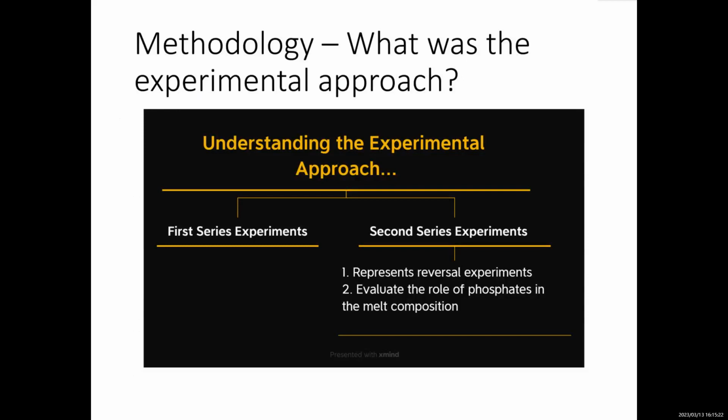So one way experimentalists handle that is to do the reverse experiment, where you put the melt composition and the solid composition together, and then do the experiment. What you expect is that, for example, you may start with 30% melt and 70% solid.